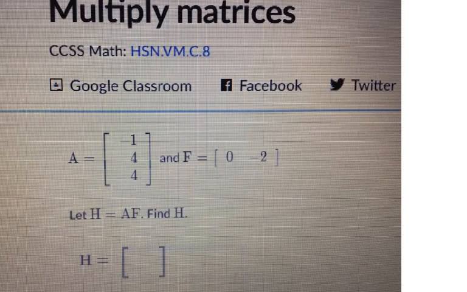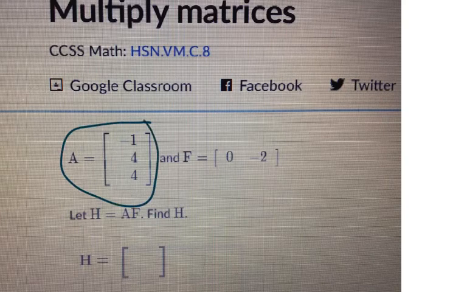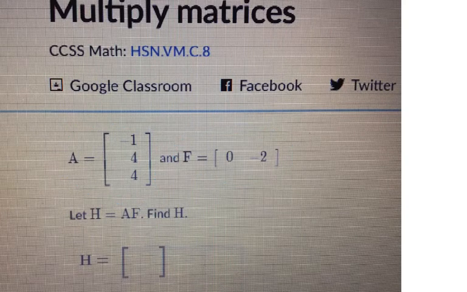How would I multiply matrix A here with matrix F there? Well, the first thing to understand is matrix A is 3 rows, 1 column. We have 3 rows here, 1 column. We would call this a 3 by 1.